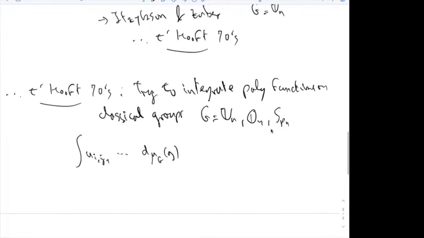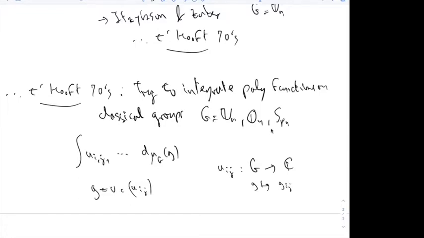So maybe I should be a little bit more precise, because that's actually what I'm going to describe later on. From now on, G, quite often I will call it U because I'm going to assume it's unitary. So it's a matrix which has some entries u_{ij}. I'm making some kind of abuse of notation: u_{ij} is a function from the group G to C, which just associates the ij entry.